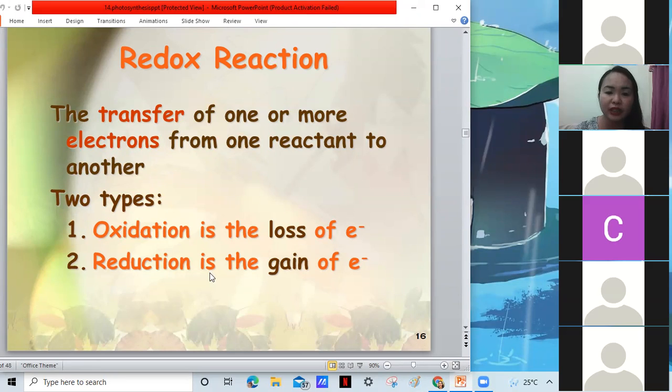Re for reduction or the gain of electrons, and ox for oxidation or the loss of electrons. As you can see here, baliktad siya, no? Kung reduce, it means makuhaan, but it's the opposite, meaning it's the gain of electrons. Kasi when we say reduction, therefore, it gains electrons para ma-form ang ATP. So usually this is what happens in photosynthesis.